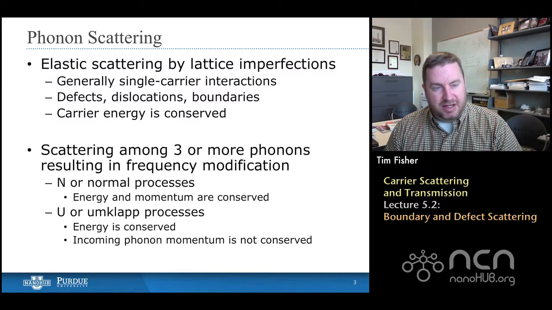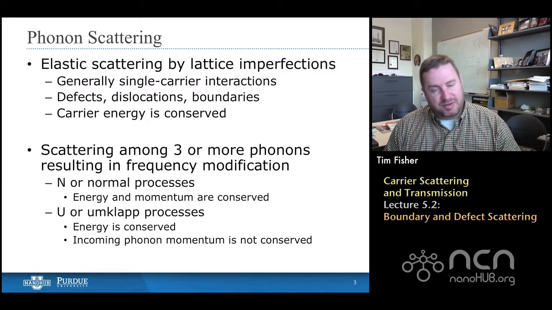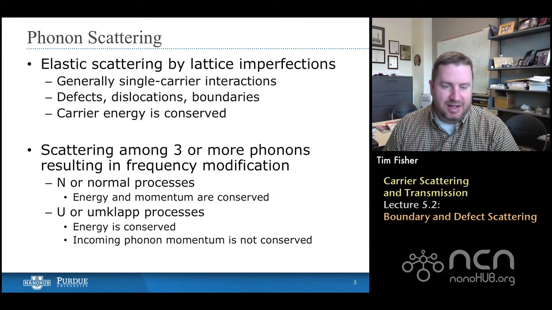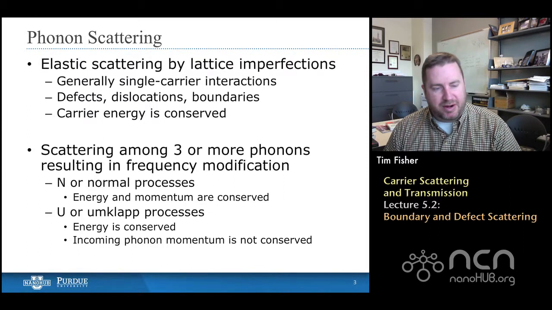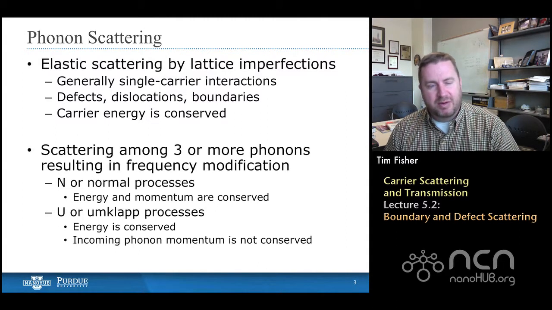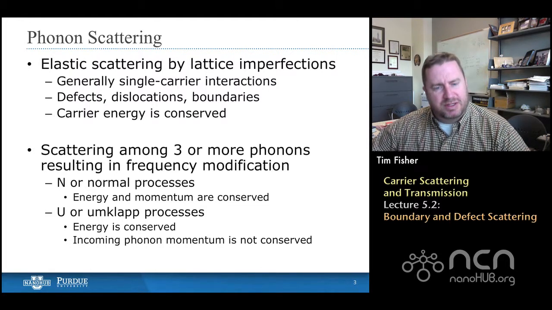In all cases that we will study, energy is conserved because that's the first law of thermodynamics. And then whether momentum is conserved depends on whether you're looking at the particle or the particle and the lattice together, kind of the background. But then moving on to phonon scattering, that's the second type. We won't talk about that today, but it's quite a bit more complicated and has some nuances.